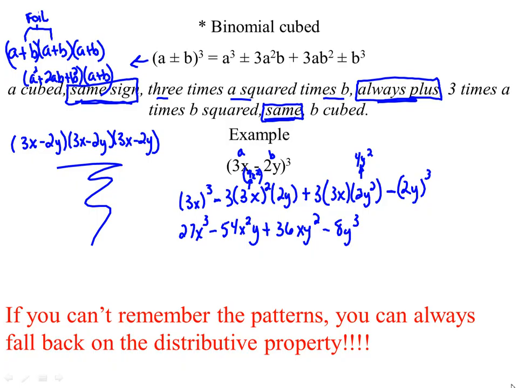So if there had been a plus sign there, all 3 of them would be pluses. Why is it negative? Why is what negative? This one here? Because it tells me to use the same sign that's in my problem. Is that better? Same sign, you're using the same sign that's in your problem.